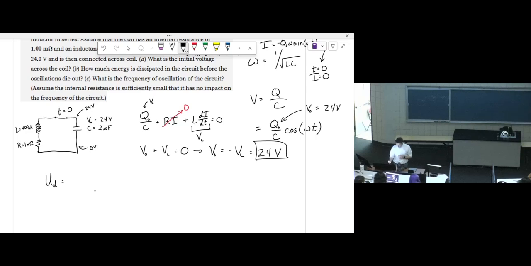That's going to be equal to minus the change in energy in, let's say, the capacitor, the electrical energy, which is going to be minus 0, because that would be UE final, minus 1/2 Q naught squared over C.